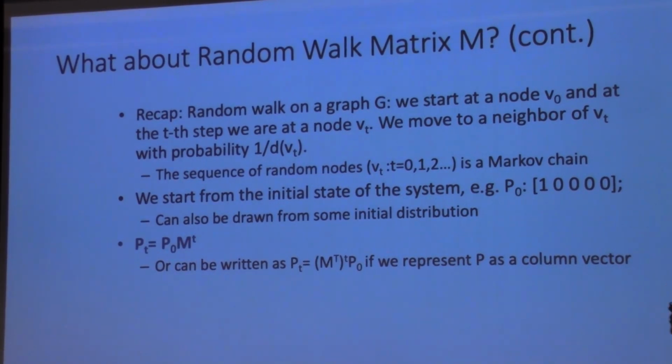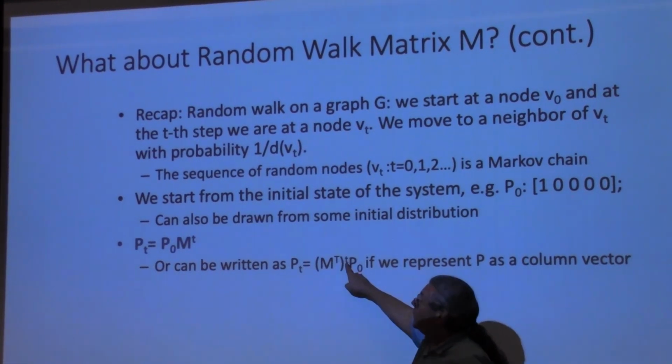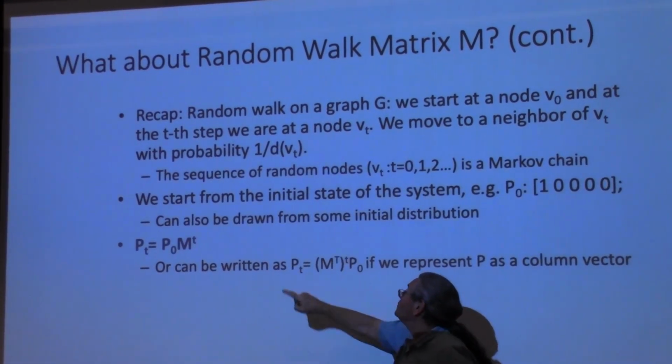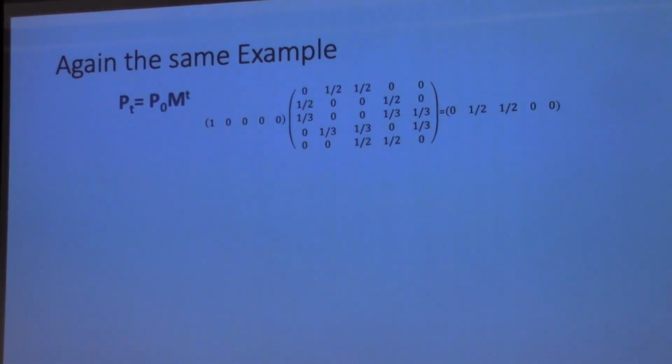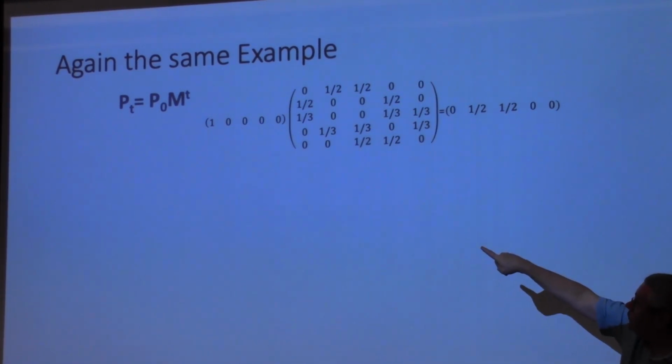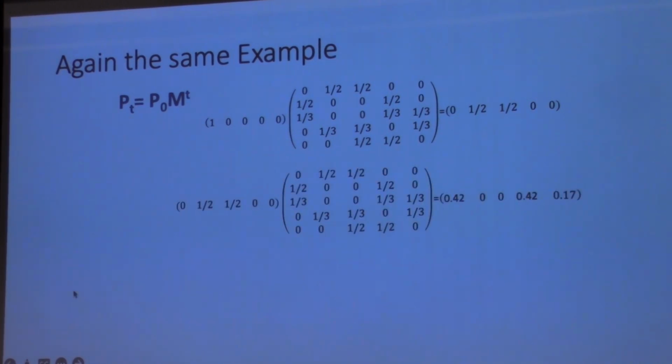If you're a stickler for putting the M on the left, you have to do a transpose, because you have row vectors here, but that's a detail. So Pt is P0 times M to the t. We start again with our matrix, and with 1, 0, 0, 0, 0, and we do one step. So we have probabilities a half and a half for getting there. And then we do it again, and we keep going.